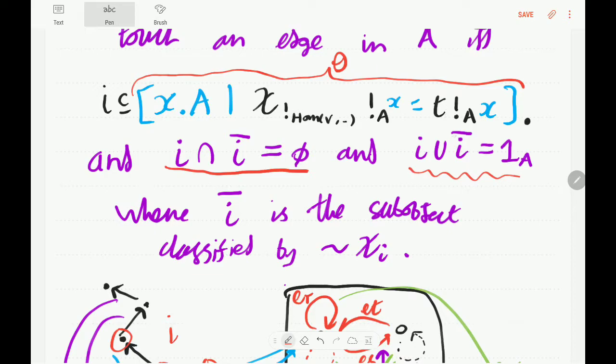The second one, well, let's deal with the third one actually first, which is that I union negation of I is the identity subobject, it's a full subobject.